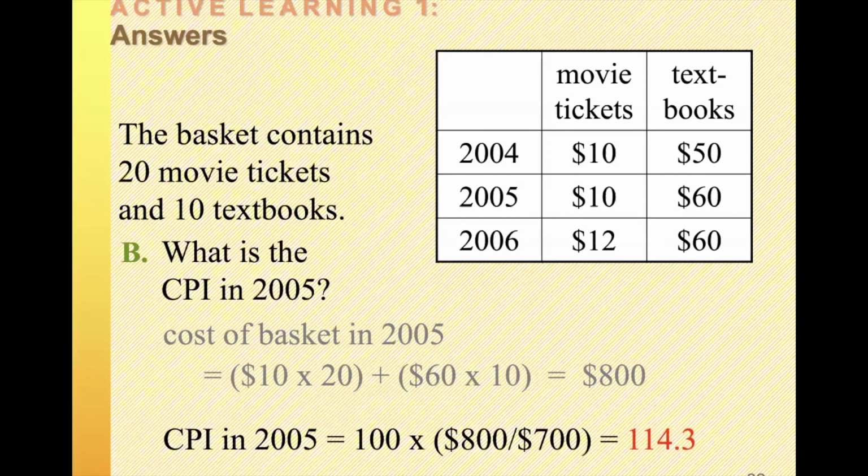No, I asked for the inflation in the second year. Because we have the CPI in the second year like this, right? In order to calculate the inflation, we need to calculate the change in CPI this year compared with the previous year, right? Okay.